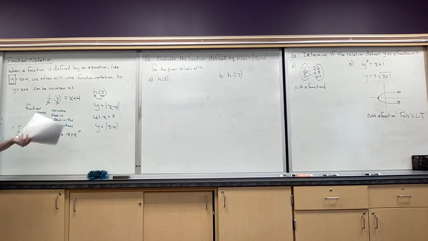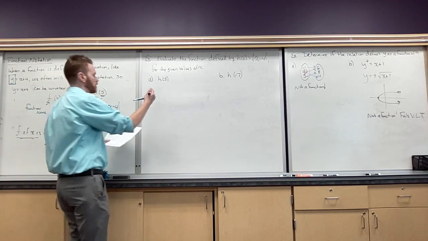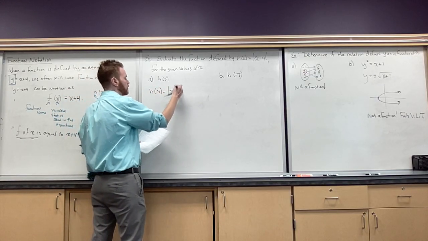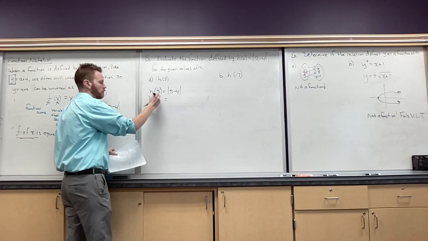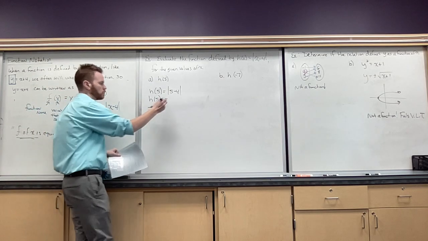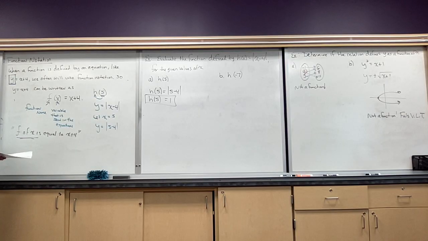That's just what this is saying, except instead of y, I got h. So h of 5 is equal to 5 minus 4 in the absolute value. We'll just simplify it in one step. So that's a 1, absolute value of 1 is 1. So there's my final answer, okay?